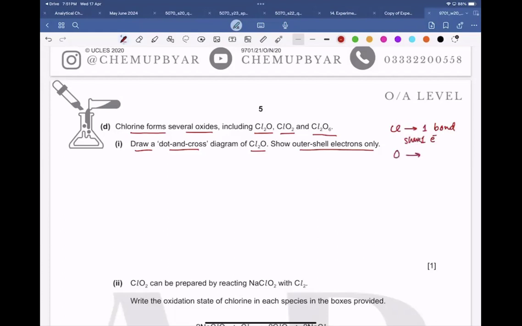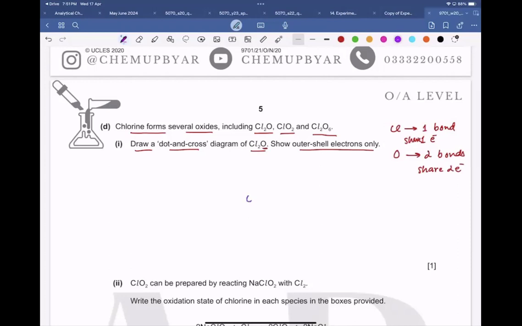And when we talk about oxygen, oxygen is in group 6. So it has 6 valence electrons and it needs 2 more. So it is going to form 2 bonds, and share 2 electrons only. So see, 1 oxygen and 2 chlorine.